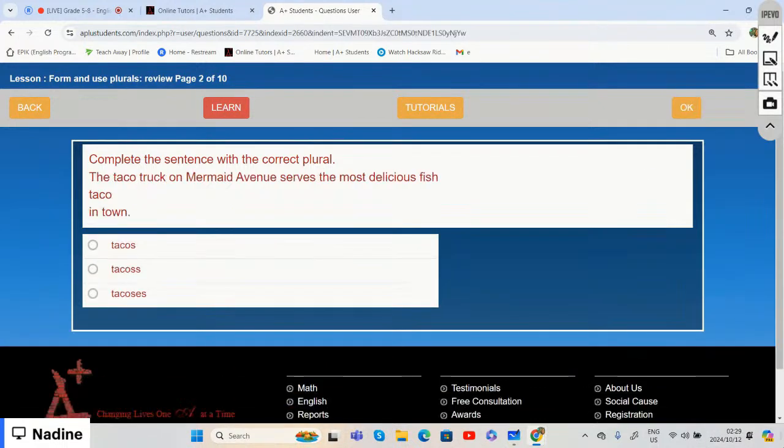Well done. The next one says the taco truck on Mermaid Avenue serves the most delicious fish taco in town. We need to choose the plural form of taco. What is the plural form of tacos? Is it option one, option two, or option three?